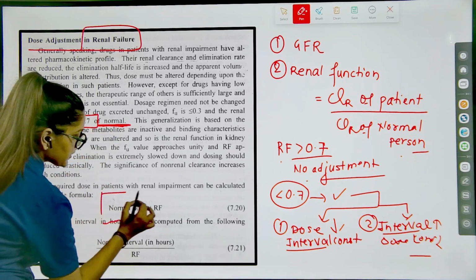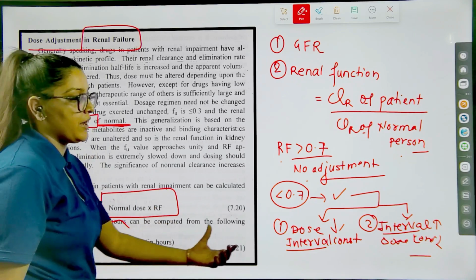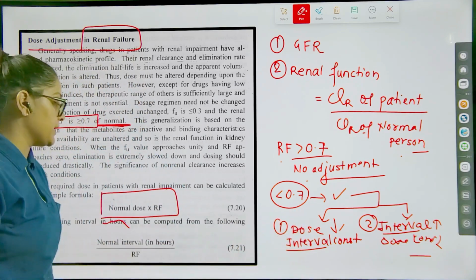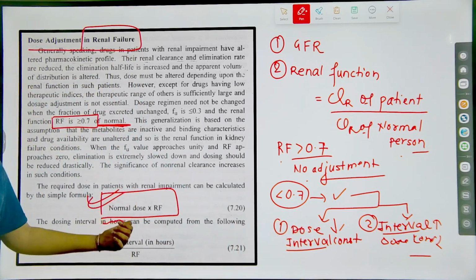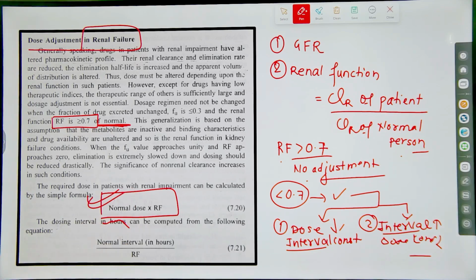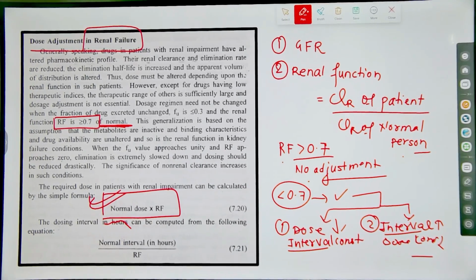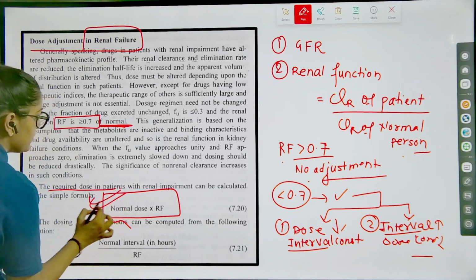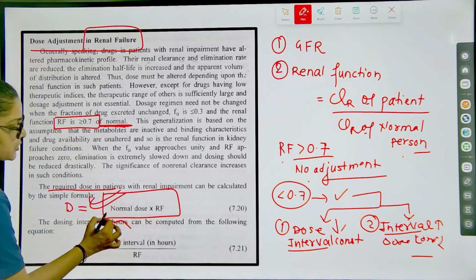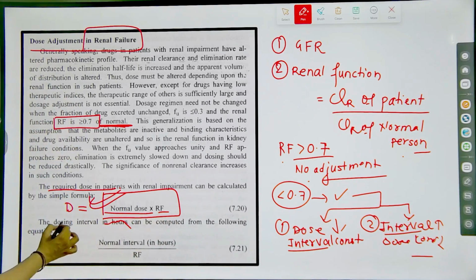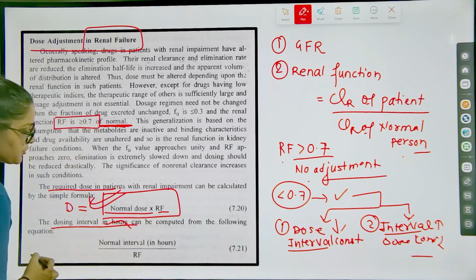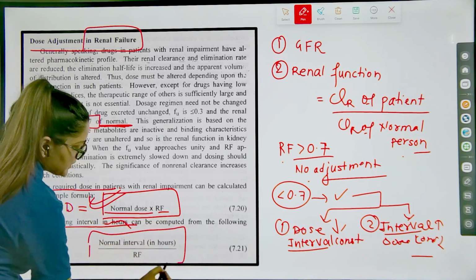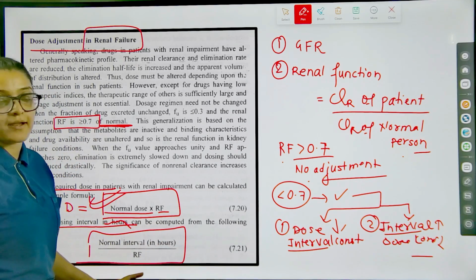For calculating a decreased dose, the dose will be equal to the normal dose into the renal function value. If the dosing interval is computed instead, you calculate it as the normal interval in hours upon the renal function.